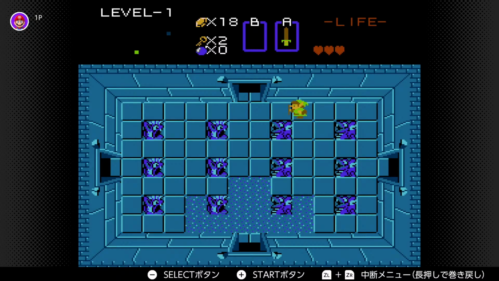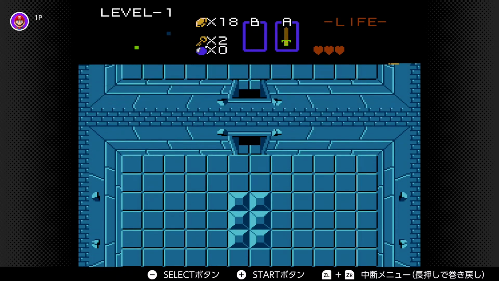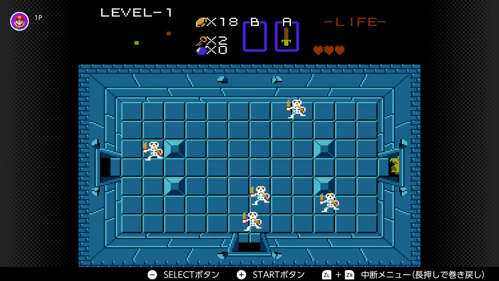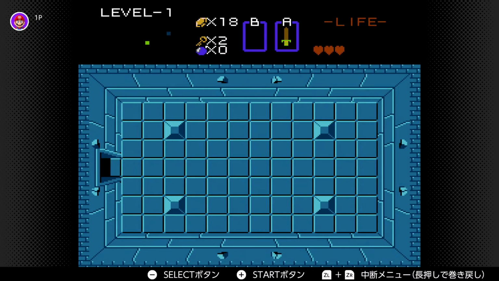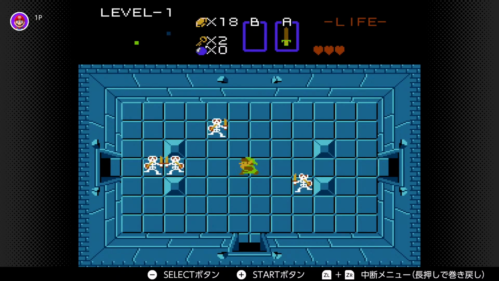So we can go up. Up again. Let's ignore the enemies. Here to the right we got the compass. No need to do it again.